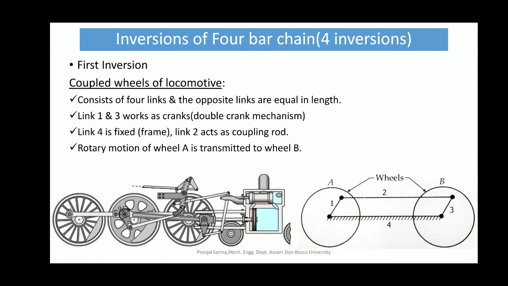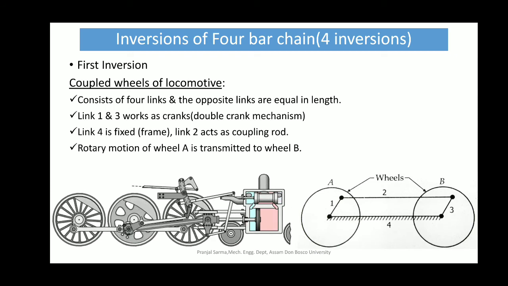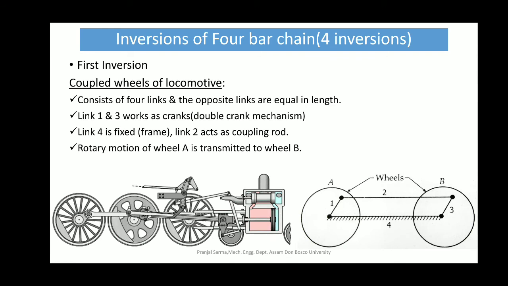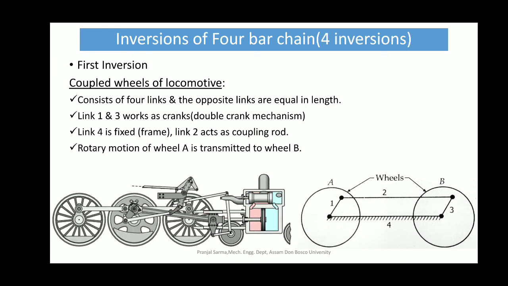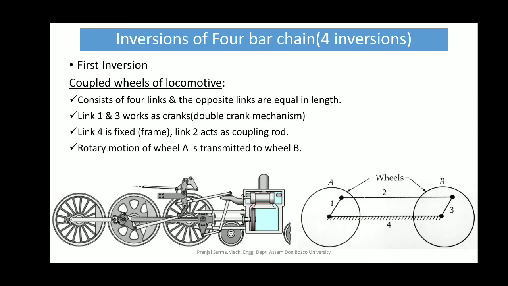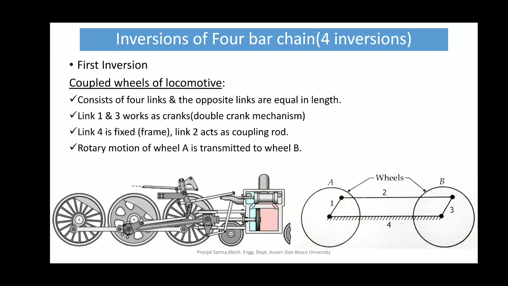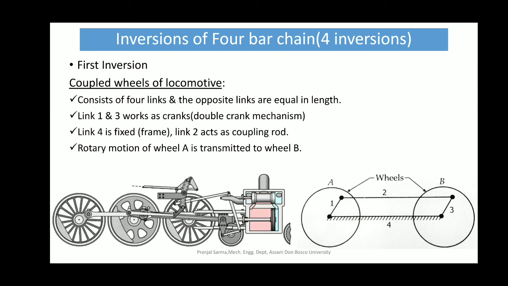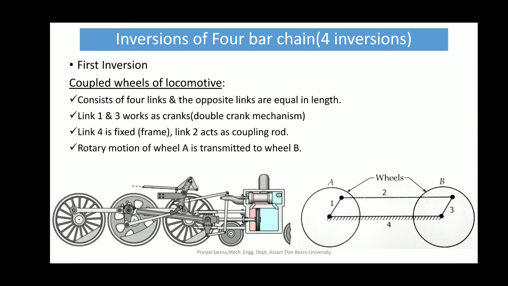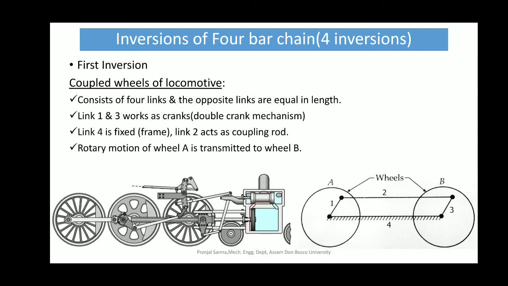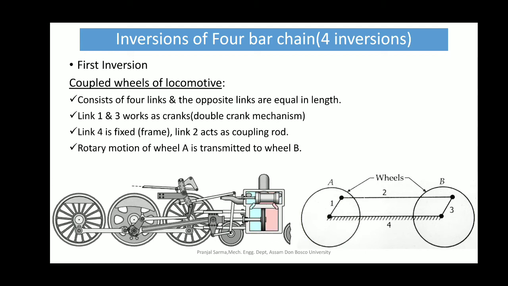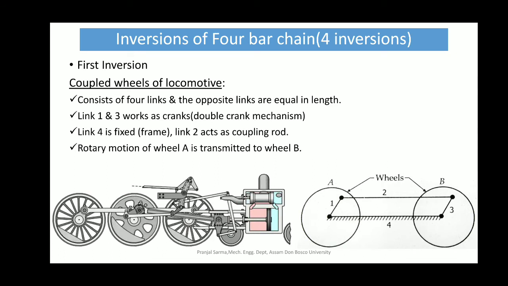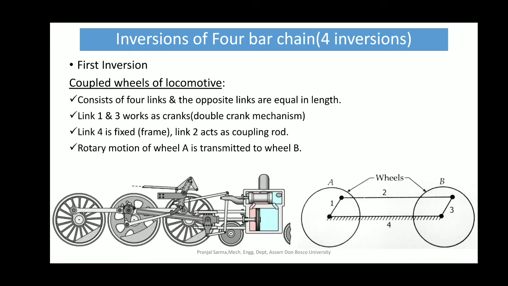This process of getting different mechanisms by fixing one link at a time from the same kinematic chain is important. We have to fix one link at a time, and it should be the same kinematic chain. This process is known as the inversion of mechanism. Various inversions are possible, and some of the mechanisms we get by inversions are useful. That's why this is useful. Now when we were talking about the four-bar chain, basically we have got 4 inversions.